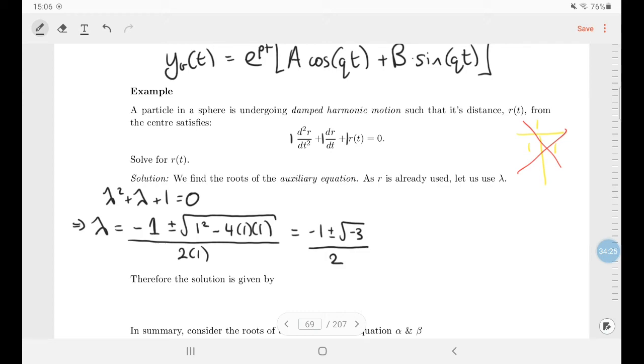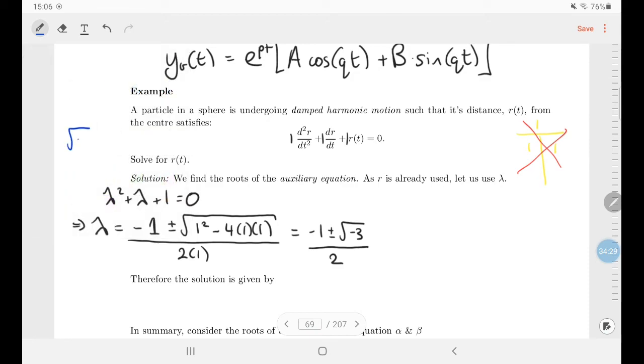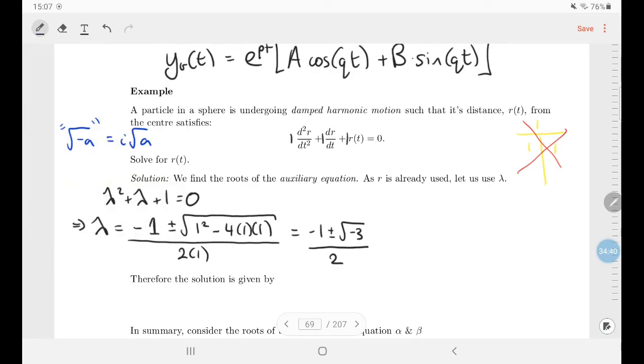So we would have said this last week. If you see this, you replace it with i root a. I put quotation marks on it because it's a little bit funky, but we'll drive on with it. So this is minus 1 plus or minus i root 3 over 2.